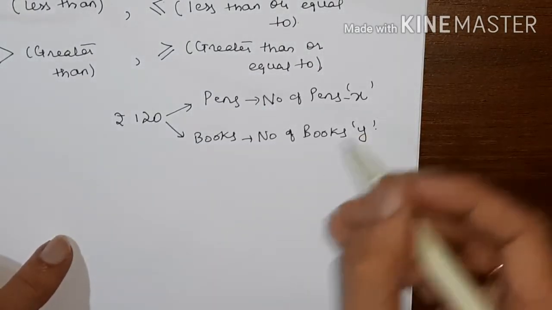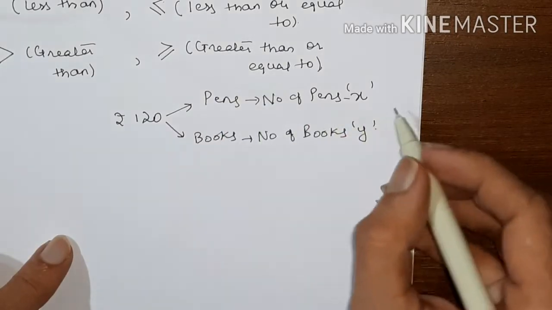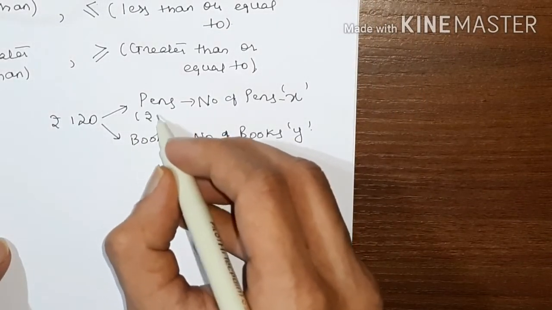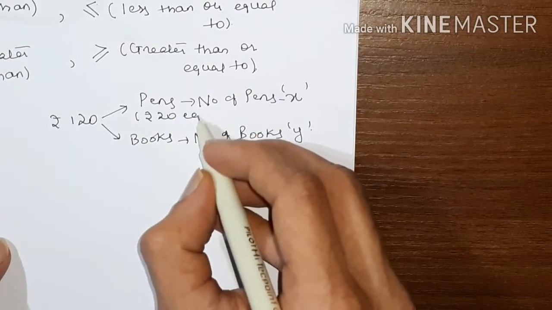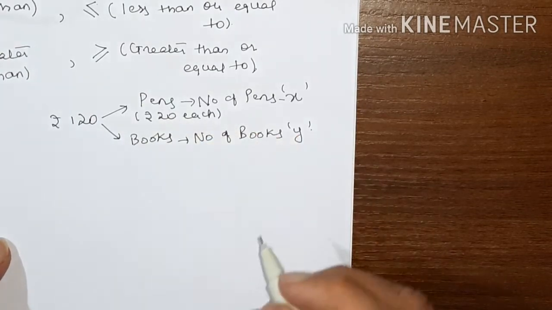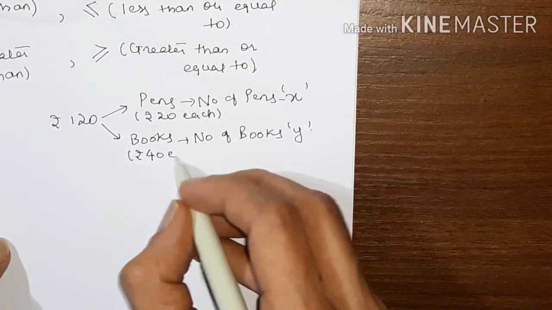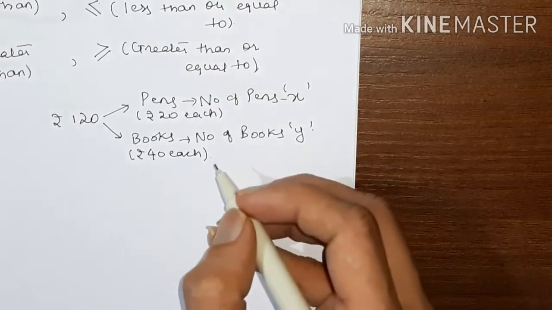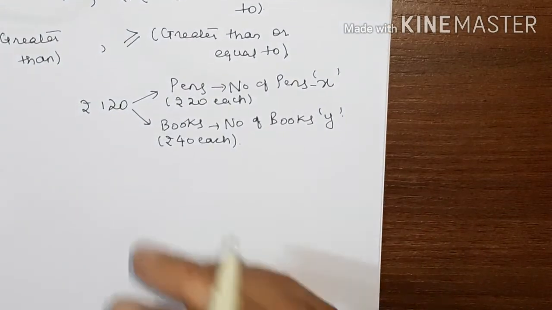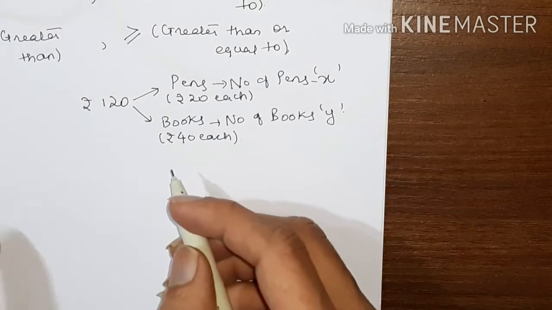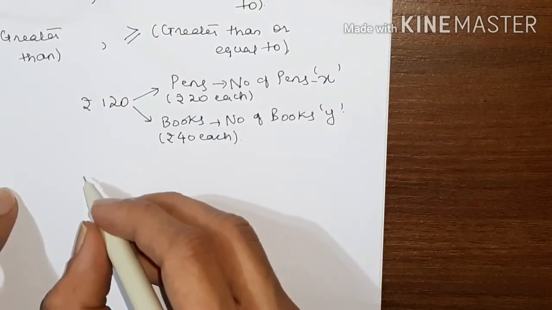Each pen is rupees 20, and each book is rupees 40. Now, how much can you spend? For that we require the inequality.